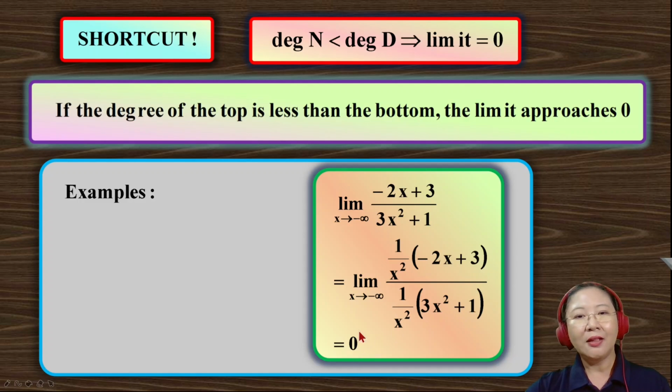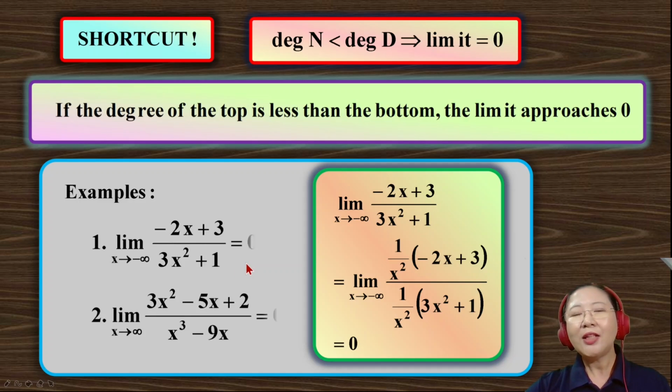Then you will get 0. Okay? And of course, this time, because you need to choose your arrow, you must know whether the answer that you get is 0 positive or 0 negative.